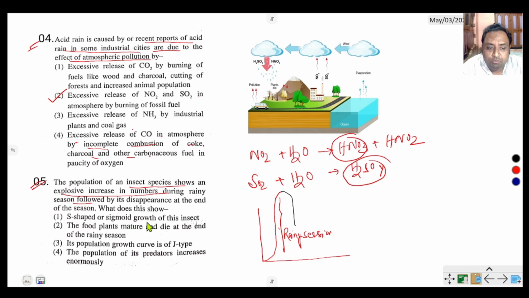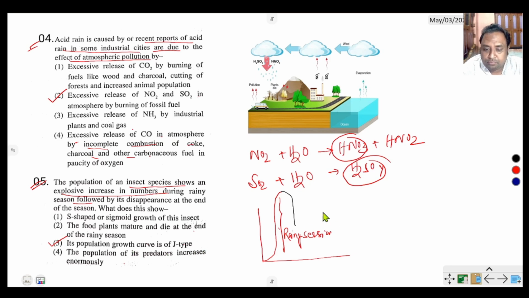S-shaped or sigmoid growth of this insect, not S-shaped. The food plants mature and die at the end of the rainy season. Its population growth curve is of J-type. The population of predators increases enormously. Here the correct option is its population growth curve is a J-type. Why?